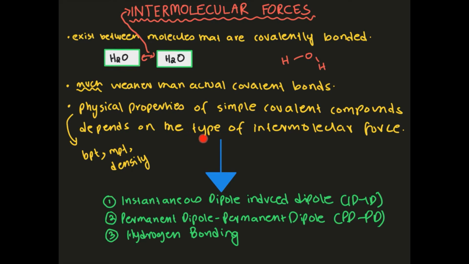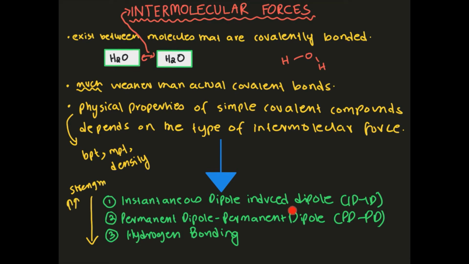The main types of intermolecular forces are going to be instantaneous dipole-induced dipole, which is also known as Idid forces, permanent dipole, which is known as PD forces, and hydrogen bonding. As you go down this list, the strength of these forces is going to increase.